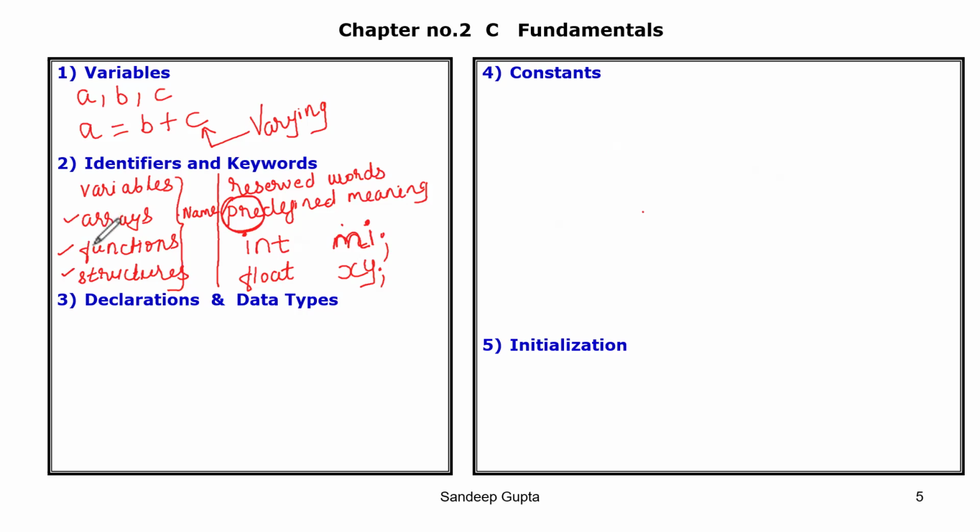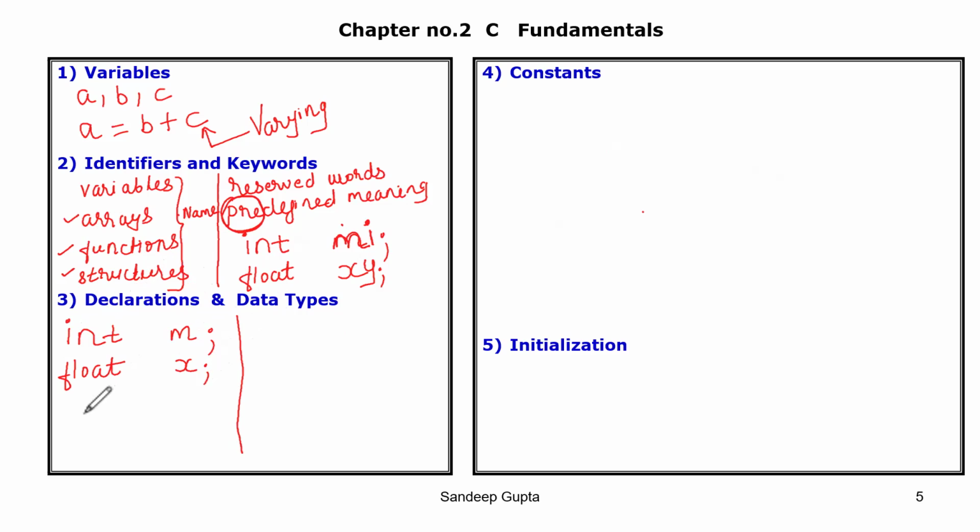Now, the next topic is declarations and data types. Declarations and data types. So pay attention. In the earlier topic, you saw a statement like this, int space m. Then you saw something like this, float space x.